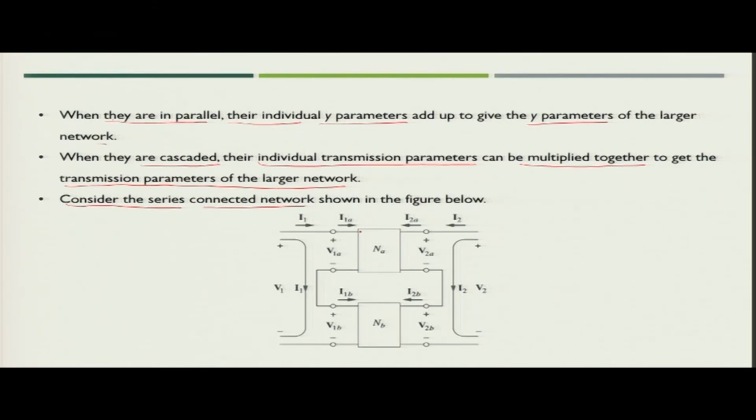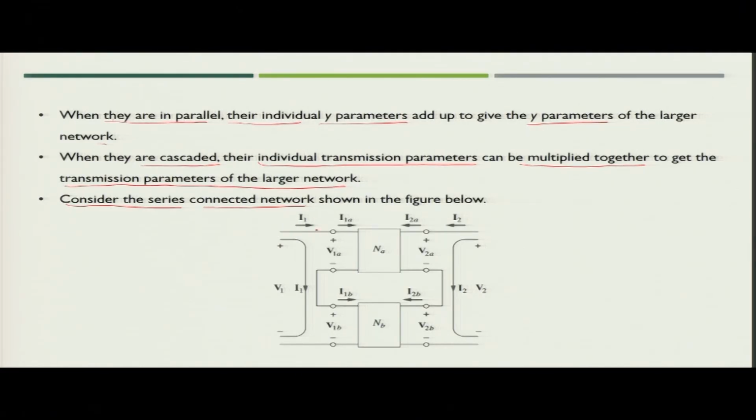If you see in the figure, we have two networks, one is network A and the second is network B. Now, these two are in series because the individual voltages, that is V1A and V1B, add up to give the voltage of the complete network, that is V1.